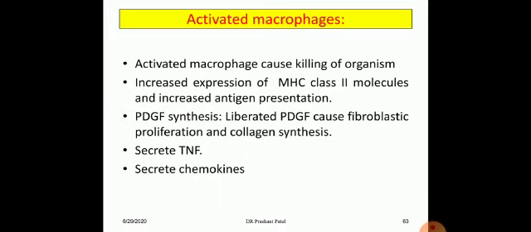Once the macrophages are activated, it causes phagocytosis and killing of organism, increased expression of MHC class 2 molecule and increased antigen presentation. There is an increased synthesis of PDGF which causes fibroblastic proliferation and collagen synthesis. Activated macrophages also secrete various cytokines and interleukin TNF.